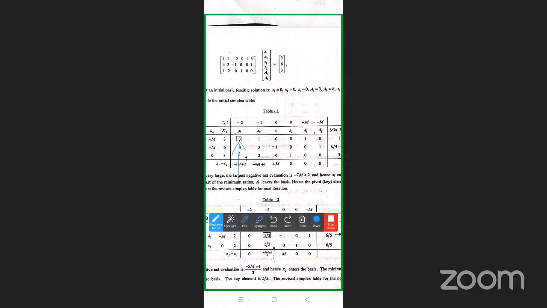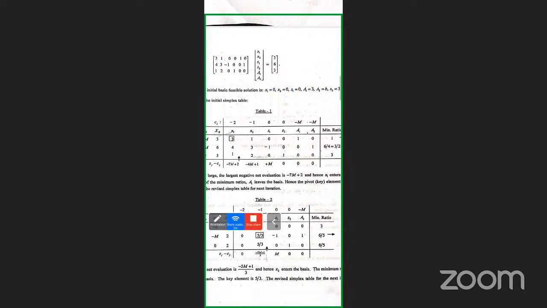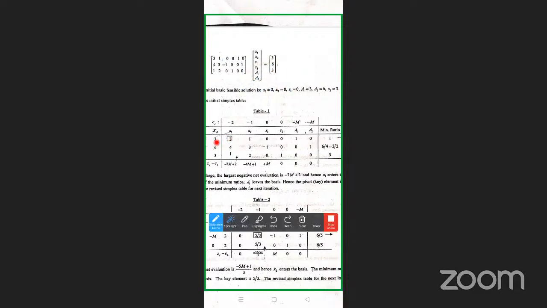Now we can identify the outgoing vector. How to identify the outgoing vector? Minimum ratio. Minimum ratio formula: XB by X1, where X1 is the incoming vector. So 3 divided by 3, 1.